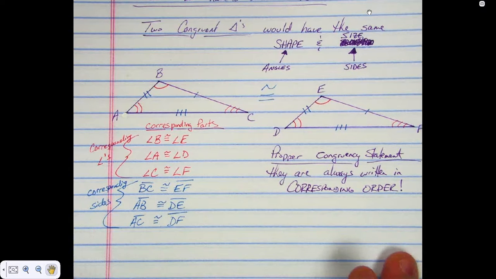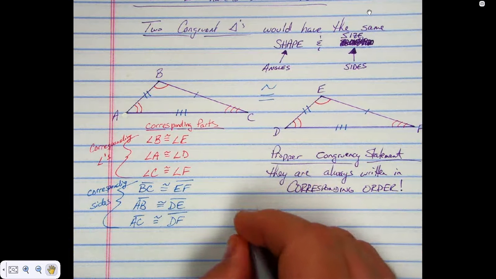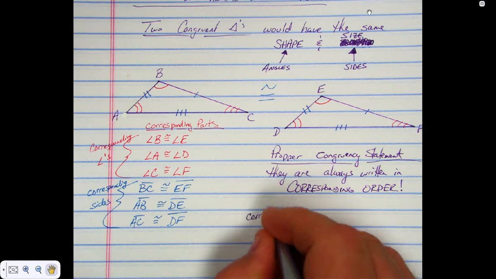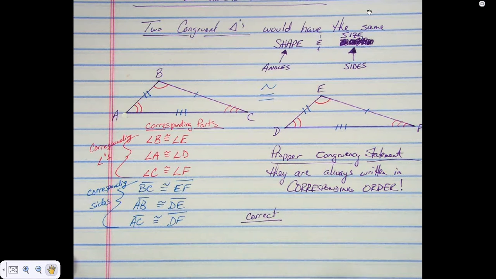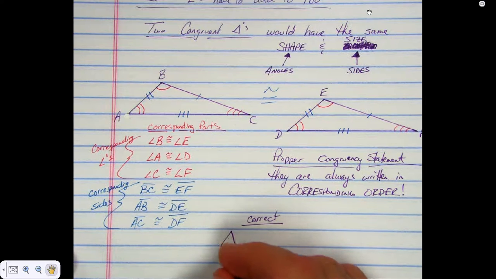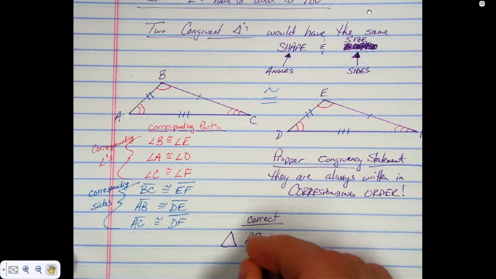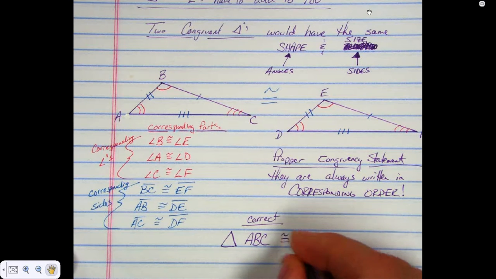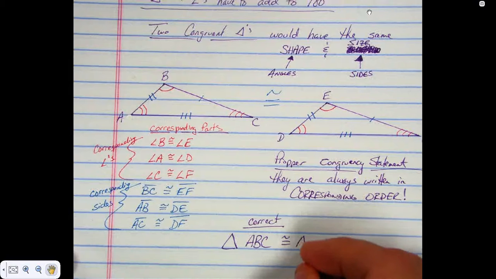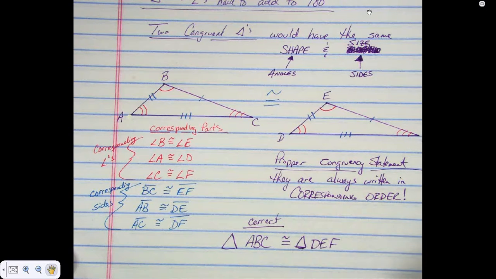I'm going to give you an example of a correct congruency statement here for the above triangle. Triangle ABC is congruent to triangle DEF.